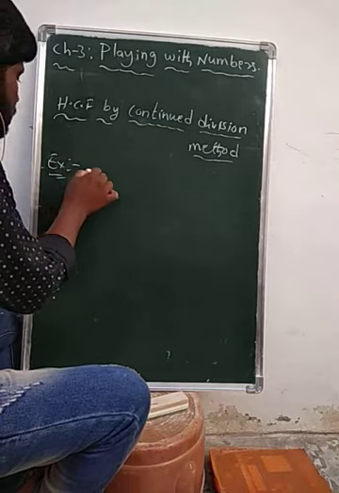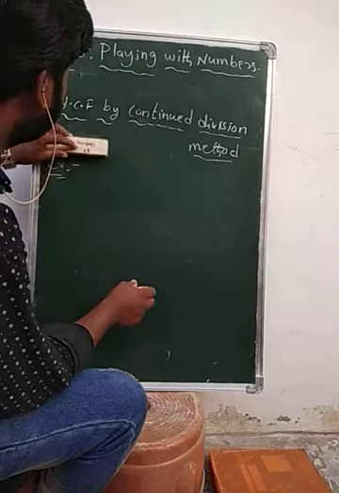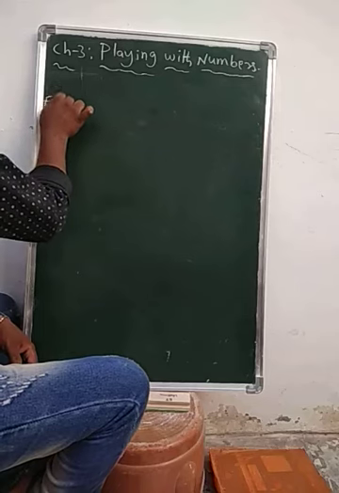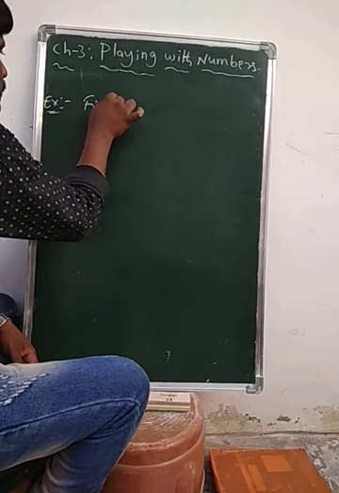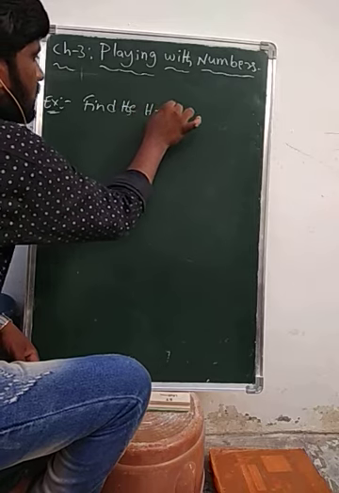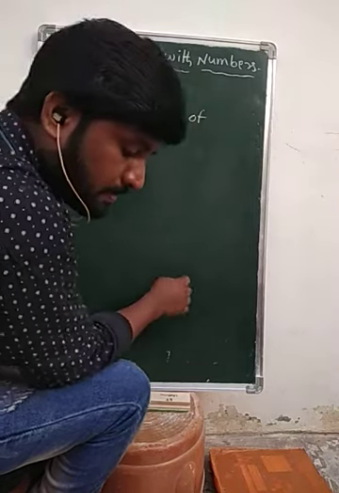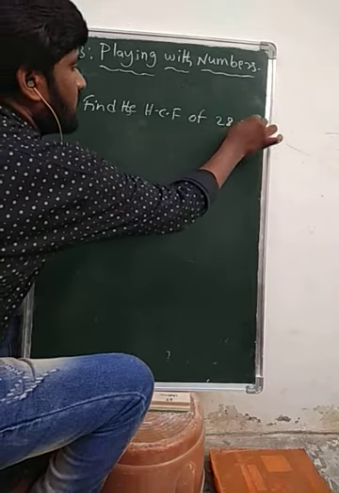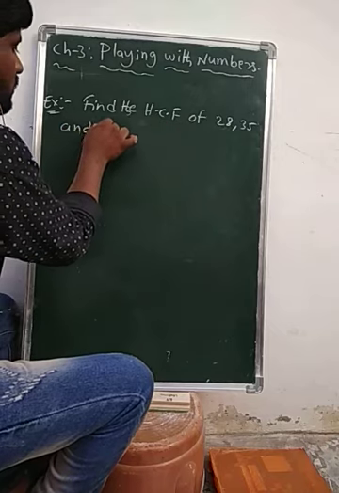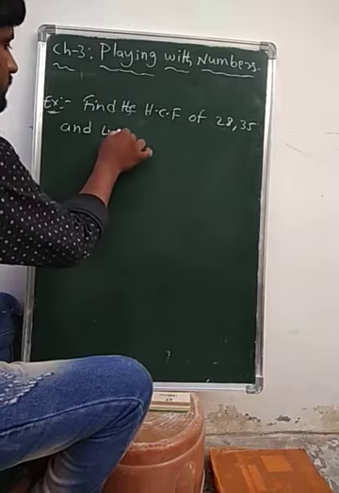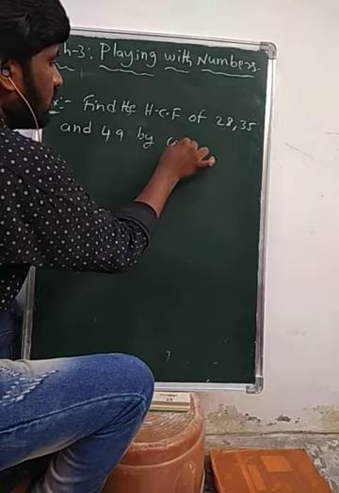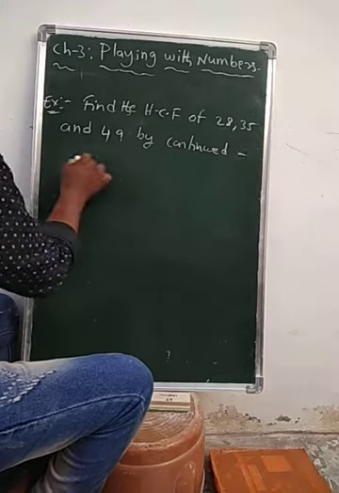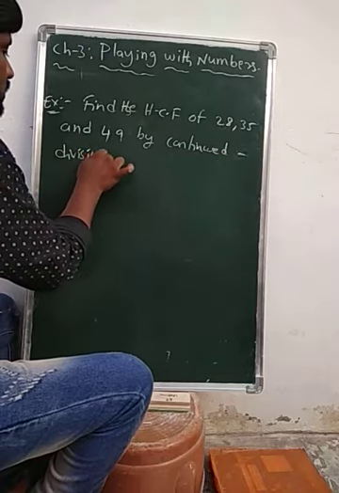I'm taking an example. Find the HCF of 28, 35 and 49 by continued division method.